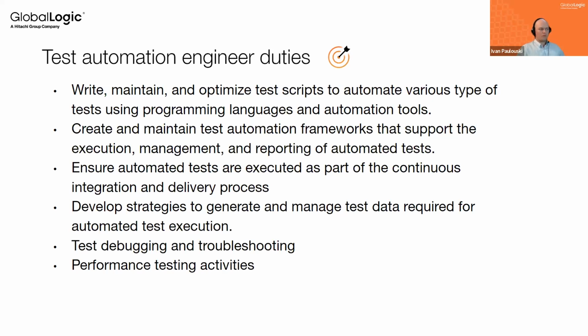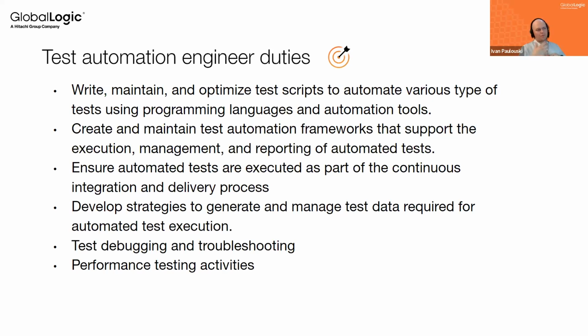So before writing all these steps or creating a framework, of course you need to have a strategy related to test automation. Part of this test automation strategy is test data generation. Your automated tests need to produce results which will be the same for the same test data.